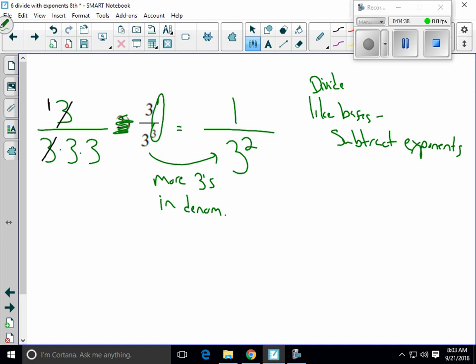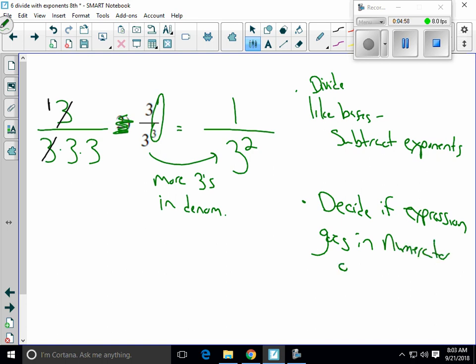But we have to decide if that goes in the numerator or denominator. The way we did that was there were more 3's in the denominator, so our expression stayed in the denominator.